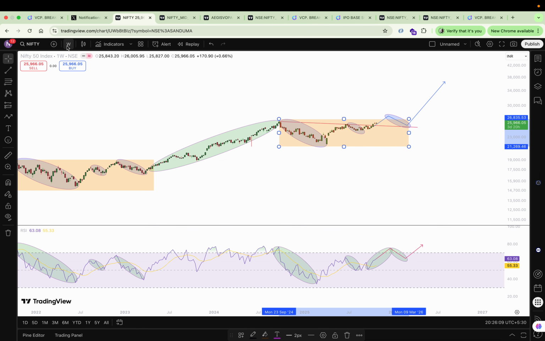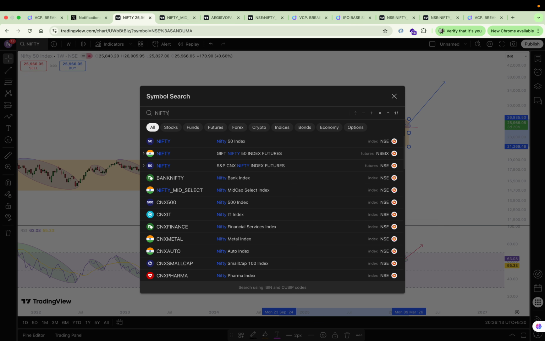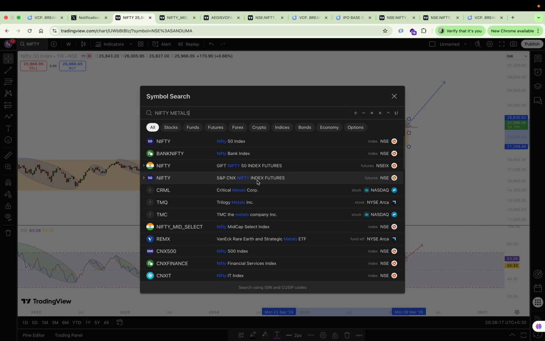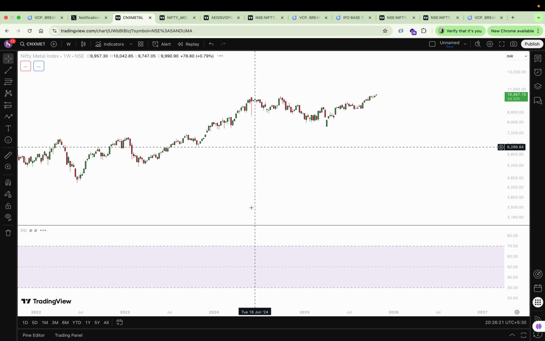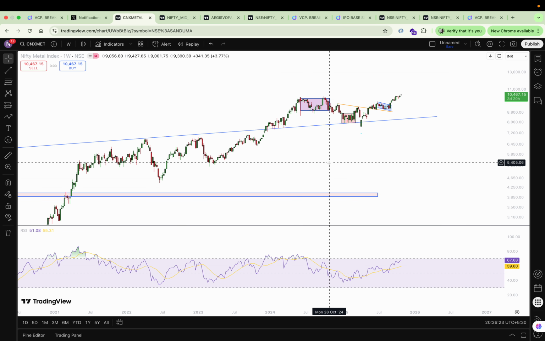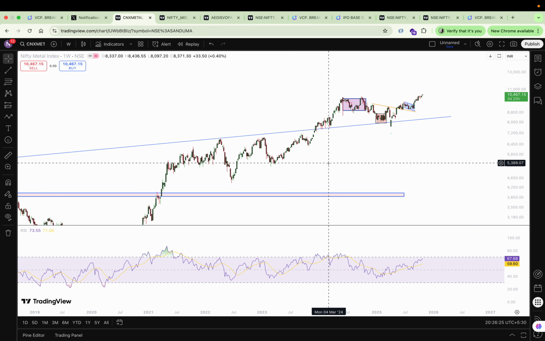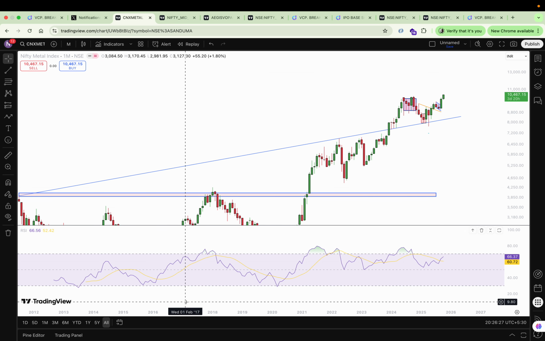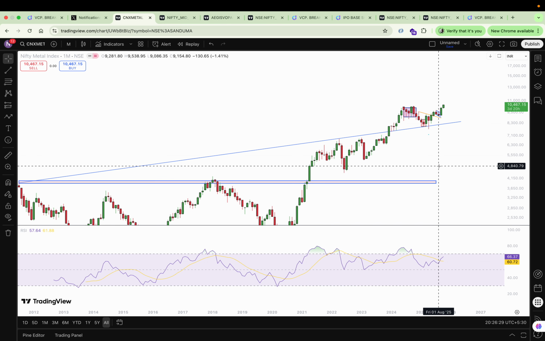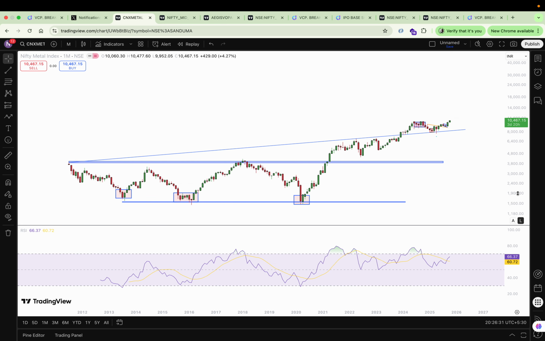And next, there are some sectors which I am tracking. This is one of the sectors which I've been discussing on the Telegram.